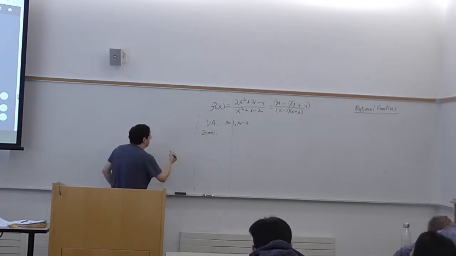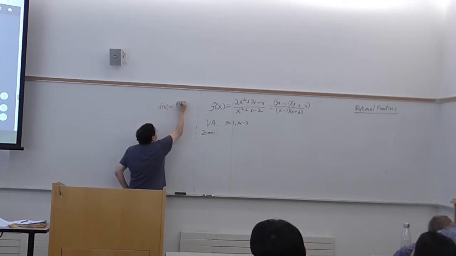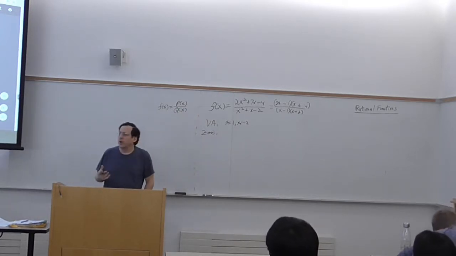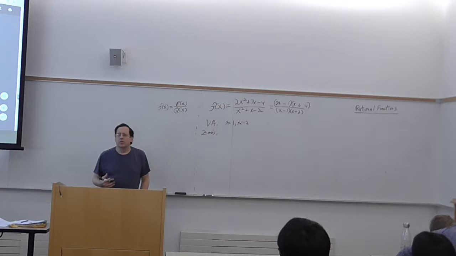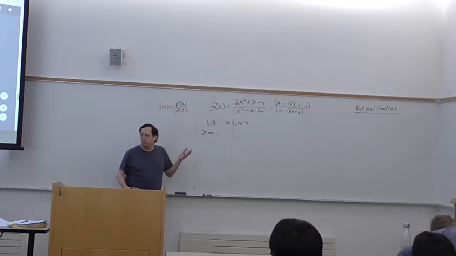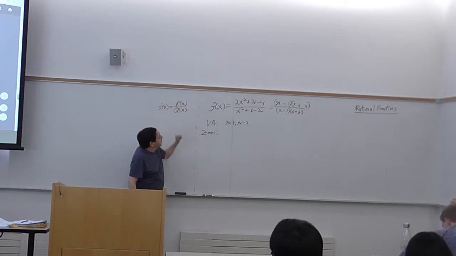Remember, if we have a rational function, p of x over q of x, how do we find the zeros? Well, zeros in the denominator don't count. That's not going to cross the x-axis. But we do want to look at p of x, right?